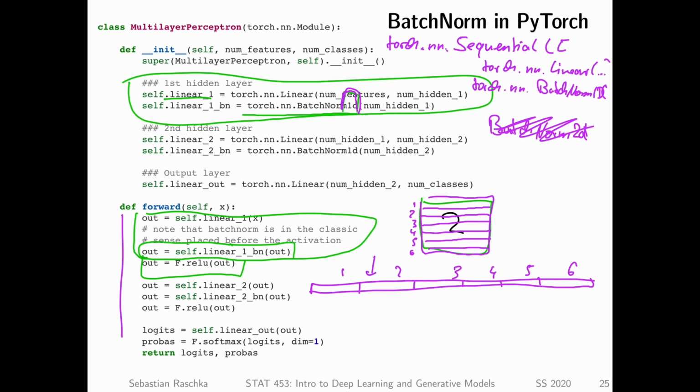I don't have space here. You can also put everything in the sequential API, of course.